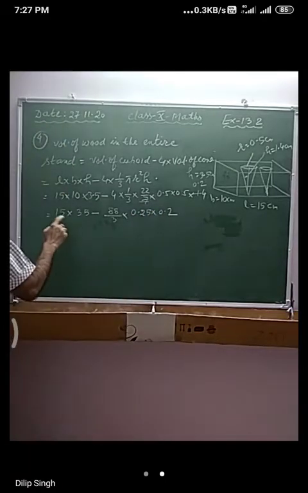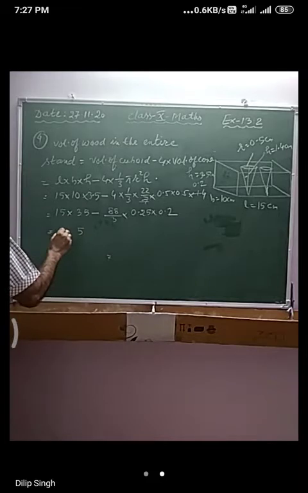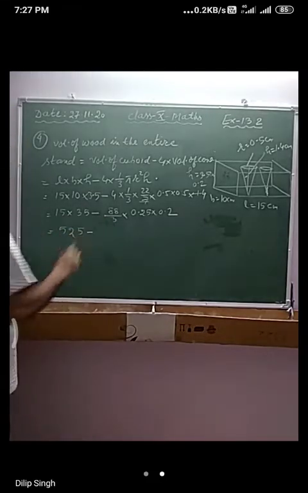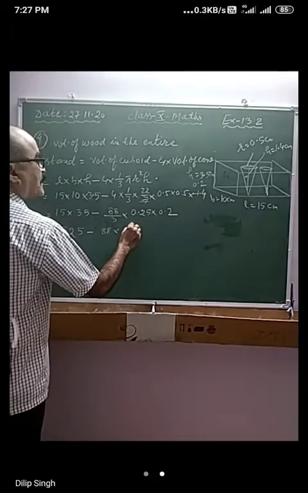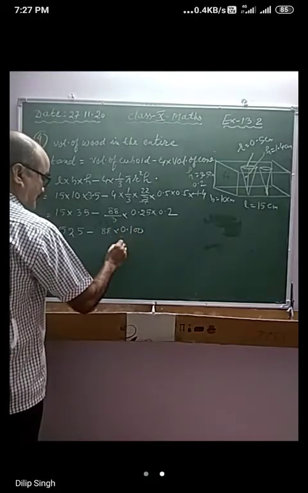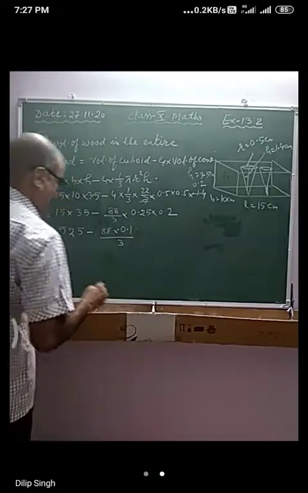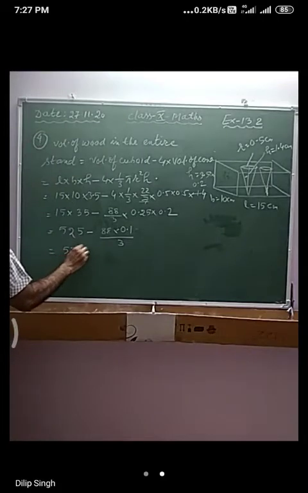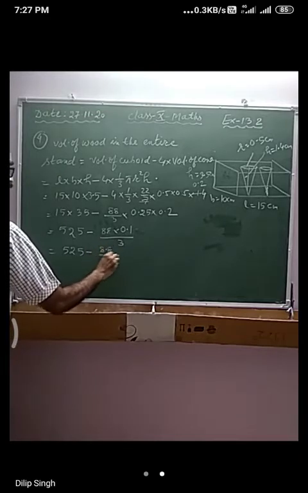So 15 5s are 75 and 15 3s are 45, that is 525, minus, multiplying this, 88 into 0.001 by 3, means this will be equal to 0.1. So 525 minus 88 into 0.1 is 8.8 by 3.